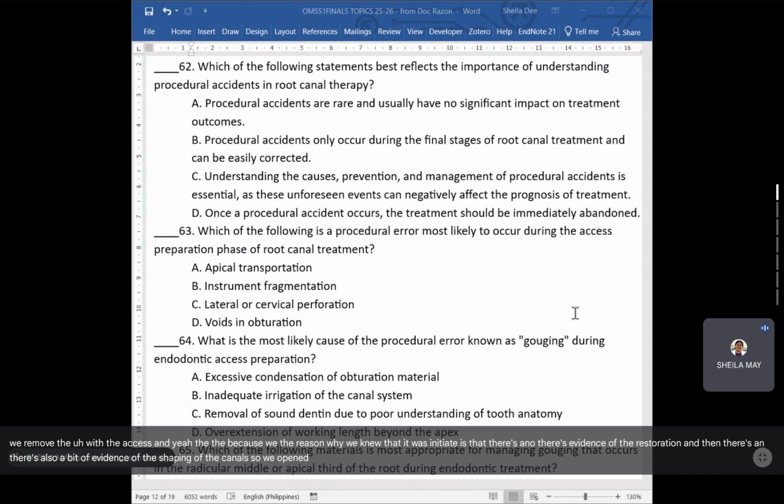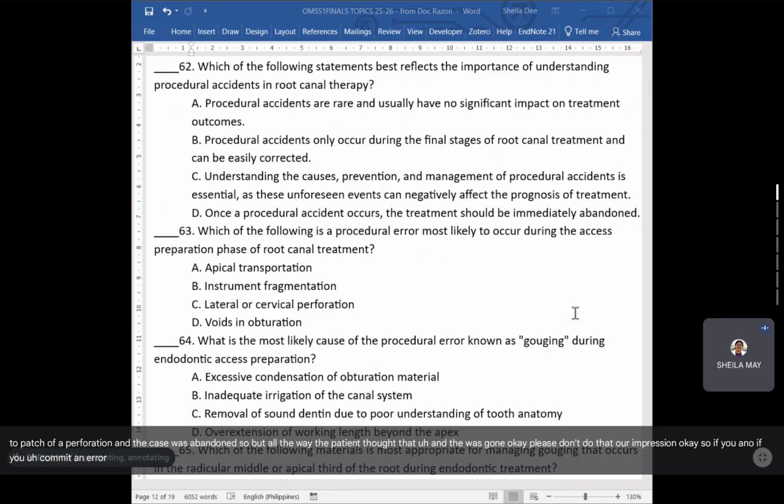So we opened it up, and to our surprise, what we saw was GP blocking a perforation. So they kind of used the GP to patch up a perforation, and then the case was abandoned. But all the way the patient thought that the endo was done. Okay, so please don't do that, ha. Nakakaawa yung patient na ganyan. Magbabayad na matino yan.